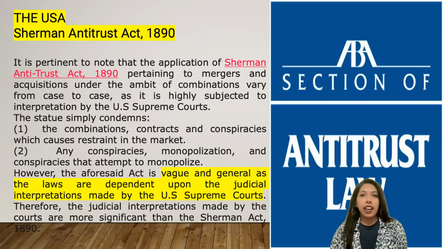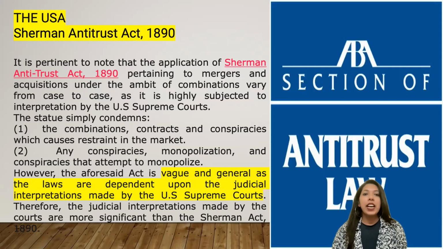It is kind of vague and general, as the laws depend upon judicial interpretations in the USA. The US Supreme Court gives interpretations, which may vary from case to case. Under the Sherman Antitrust Act, mergers and acquisitions under the ambit of combination vary from case to case, and are highly subject to interpretation by the US Supreme Court.